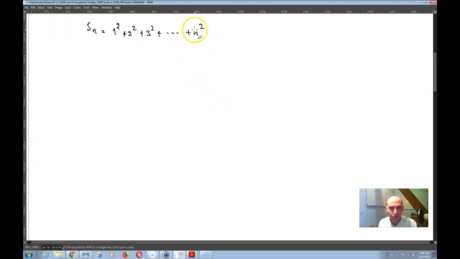In order to find out what that is, we need to use an identity. The identity that we need to use is (a minus b) whole cube, which is equal to a cube minus b cube minus 3 times a squared b plus 3 times a b squared.